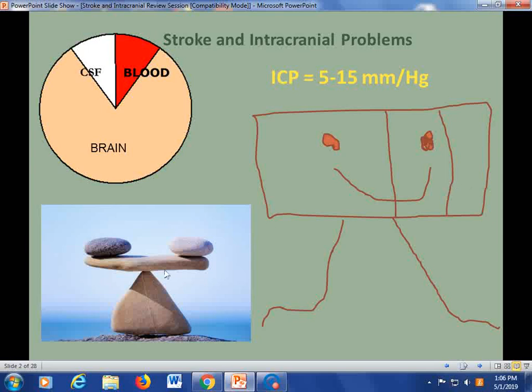And all of these things must maintain their amount of space that they must occupy. And because the skull is an enclosed item, these three things are inside this enclosed space, and therefore pressure is generated. And of course, that's known as the intracranial pressure, with the normal being 5 to 15.